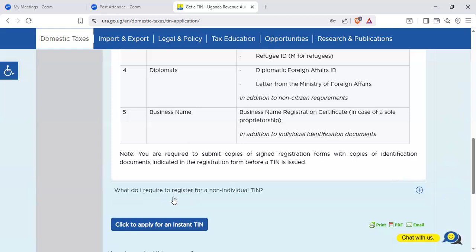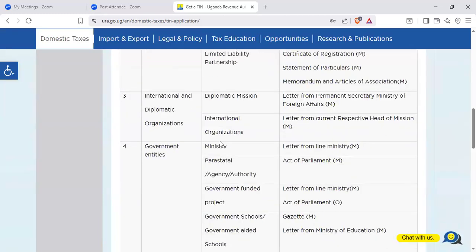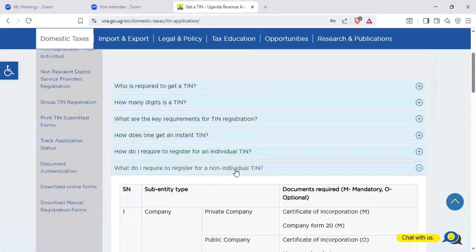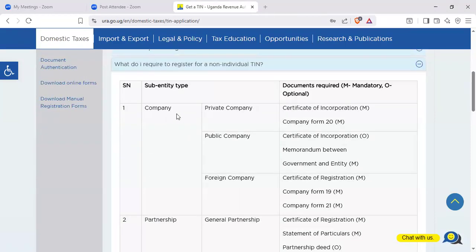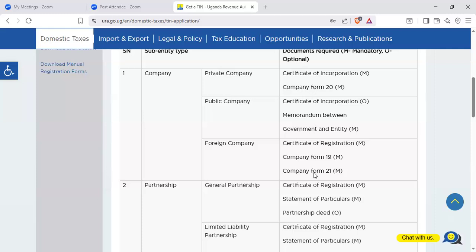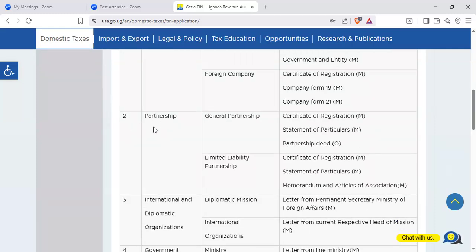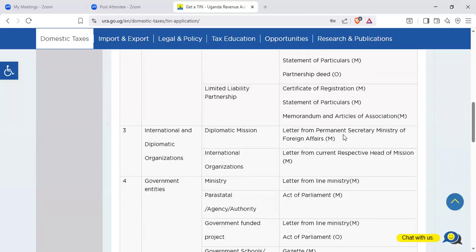What do I require to register for a non-individual TIN? Is it a company? And if it's a company, is it a private company, public company or a foreign company? You read through and see what you need. If you need a TIN for a partnership, these are the requirements.